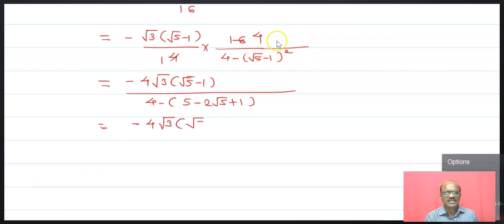Now this is the expansion of root 5 minus 1 bracket square, that is (a minus b) bracket square means what? a square minus 2 into a into b, that is 5 minus 2 root 5 plus 1. Now again the simplification, that is 4 root 3 into root 5, and this minus minus will become plus 4 root 3. Now see this here.